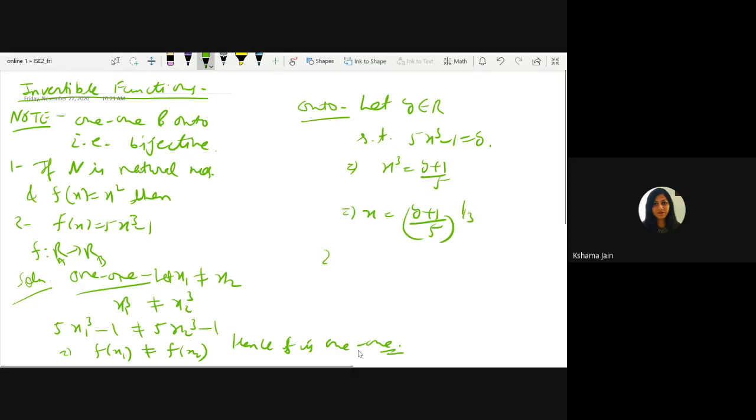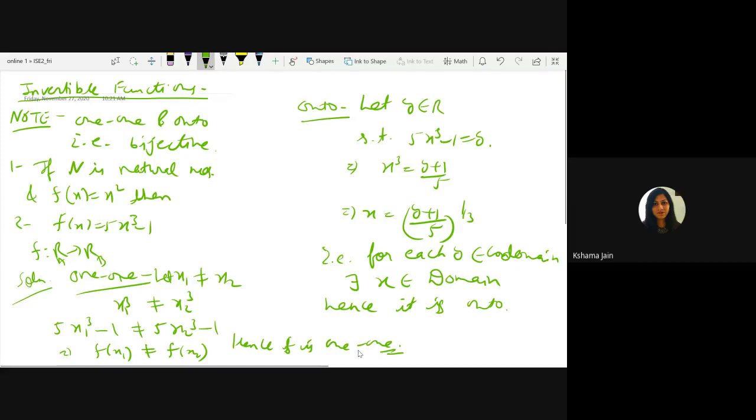That means for each y belonging to the codomain, there exists x in the domain. Hence it is onto. The conclusive statement is: the given function is 1-1 and onto.